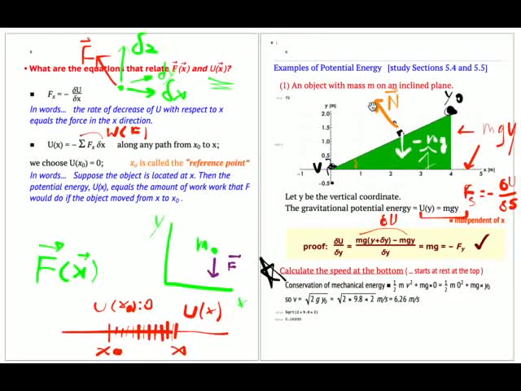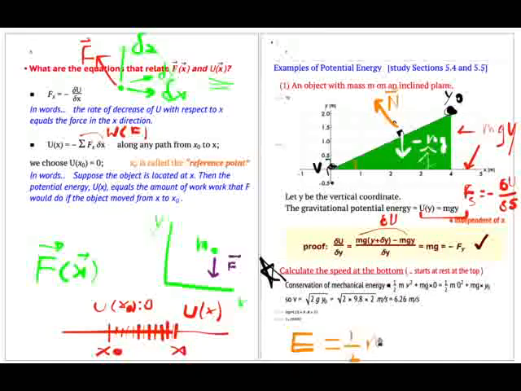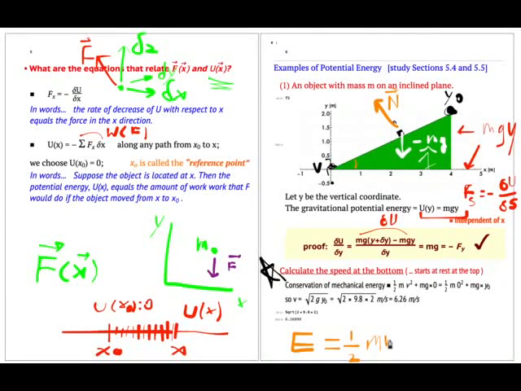But I can solve this problem without going through the forces. I can solve this problem just using conservation of mechanical energy. Energy is conserved. The total energy is conserved. Energy is kinetic energy, 1/2 mv squared, plus the potential energy, mgy.